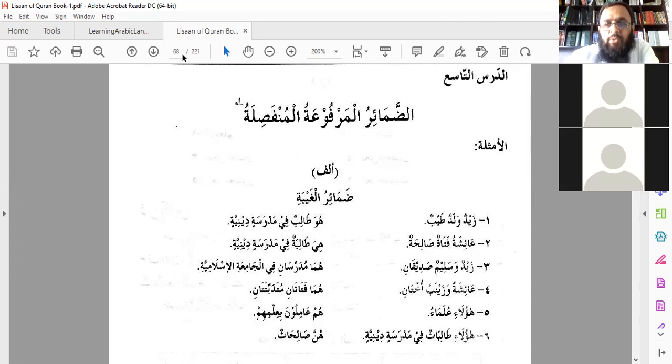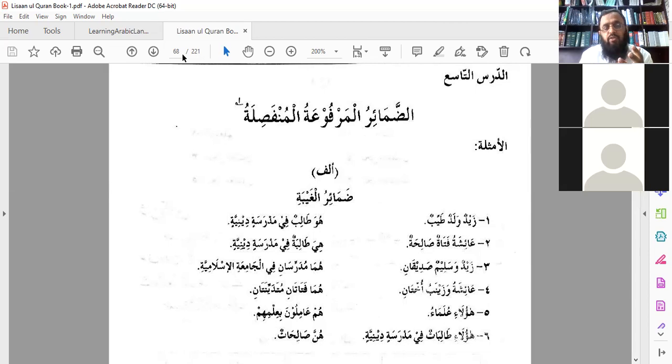Now let me tell you, in Arabic it is totally different. Totally different. Now in first person we use I singular, we plural, two words. In second person singular you and plural you, two words.